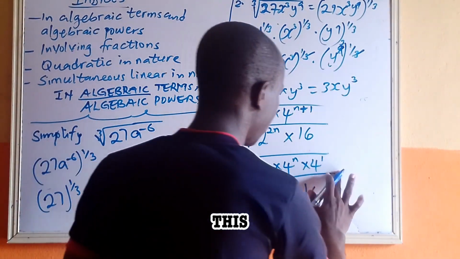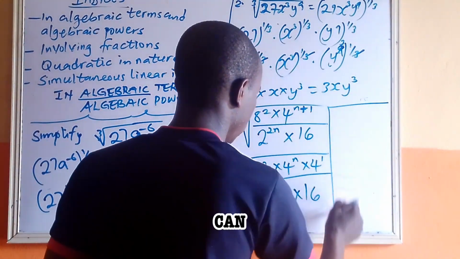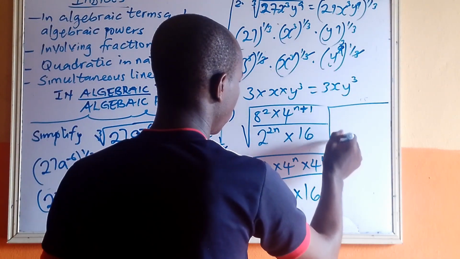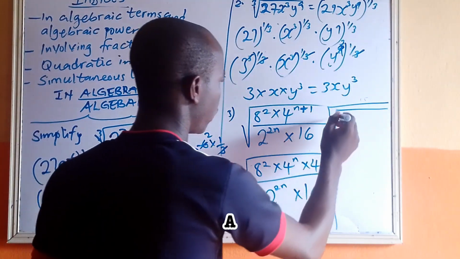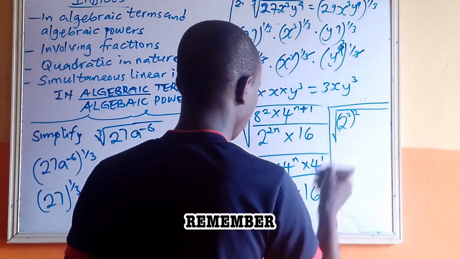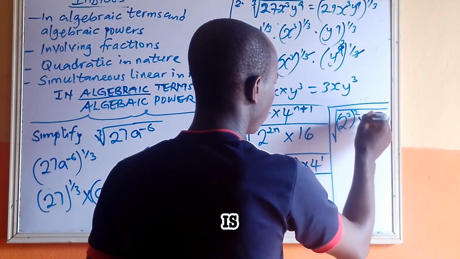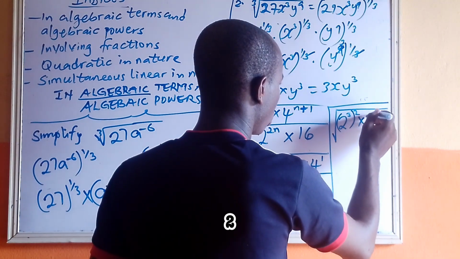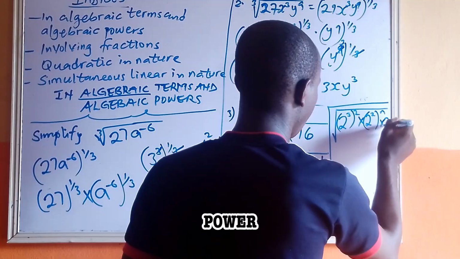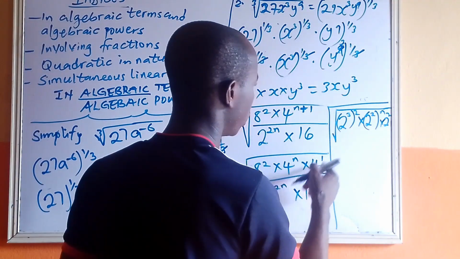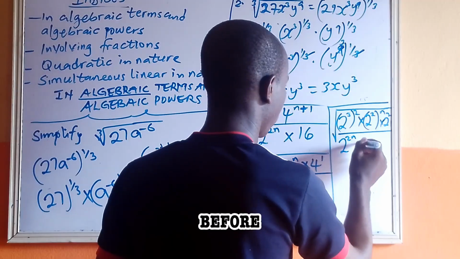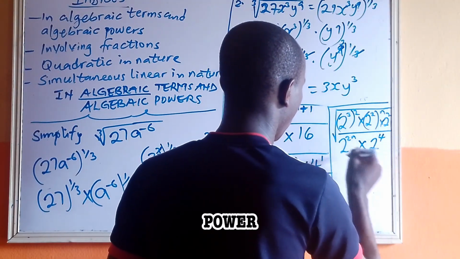So having this, I can reduce this to base of 2. So I'm going to be having square root of 2 raised to power 3 square, remember, times 2 raised to power 2 into n times 2 raised to power 2, which is the 4, all over 2 raised to power 2n that is there before times 2 raised to power 4.